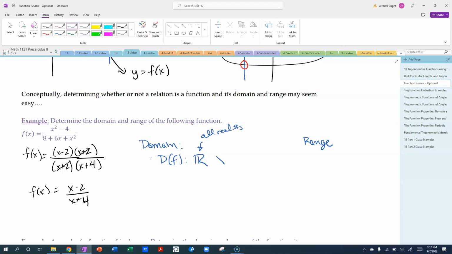Then I'm going to use this slash for except or remove. So it's all real numbers, and then I just have to figure out what x values I cannot have. Looking at this, I don't think I can have -4 because that will make the denominator 0.